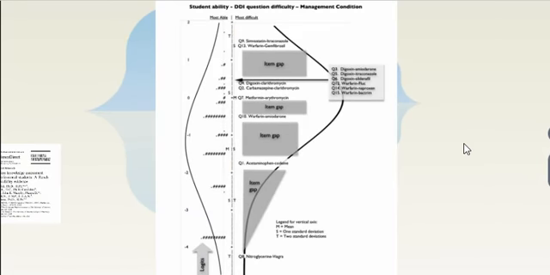And you can see here on the right side of this vertical axis, you'll see the items that test for knowledge by having the most difficult items at the top and the easiest items at the bottom. Another way to say that is the items at the bottom are most likely to be endorsed by more people, whereas the items at the top are less likely to be endorsed unless a person has a lot of knowledge.